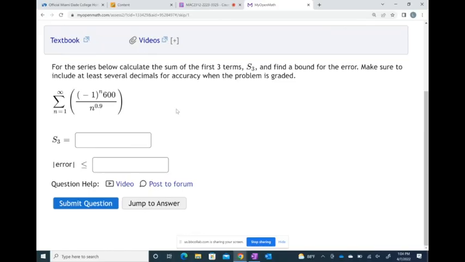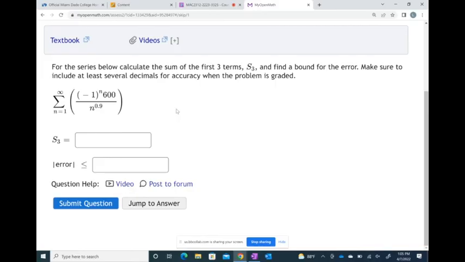So when n is equal to 1, we get negative 600, and plus, when n is equal to 2, we're going to get 600 over 2 to the 0.9, and then when n is equal to 3, we get 600 over 3 to the 0.9. Let's compute this. I'm going to take out 600 from here, and then we're going to have negative 1 plus this minus this.